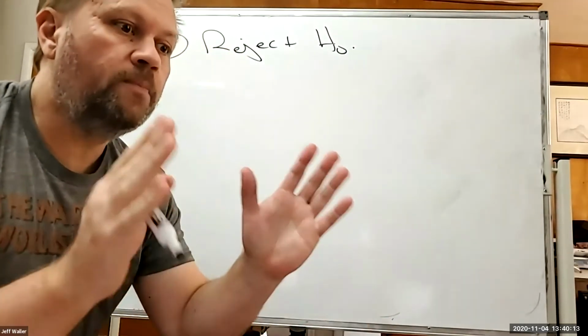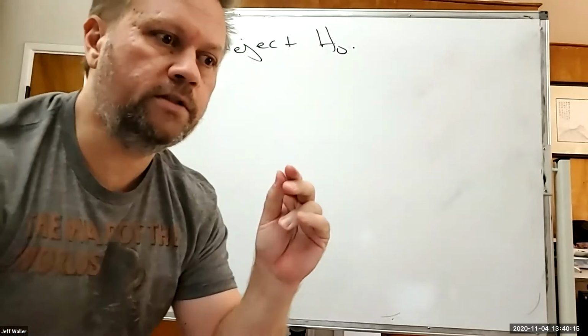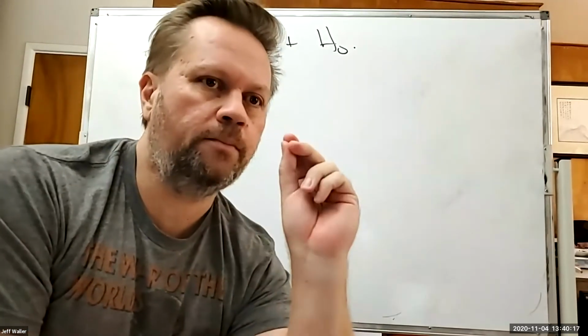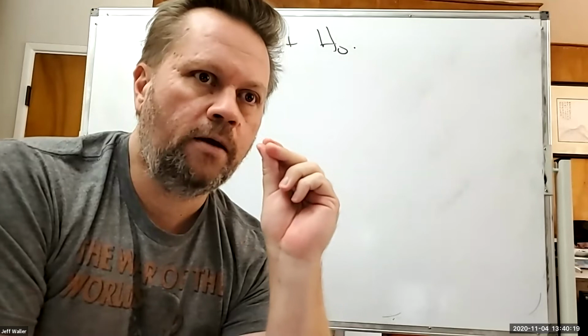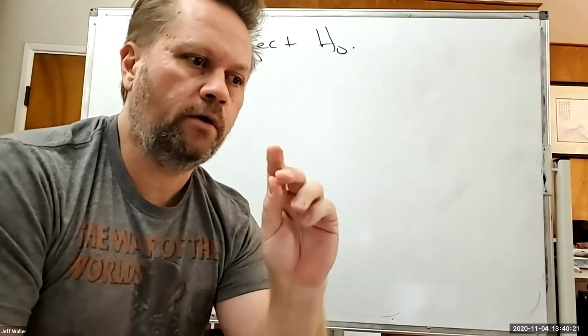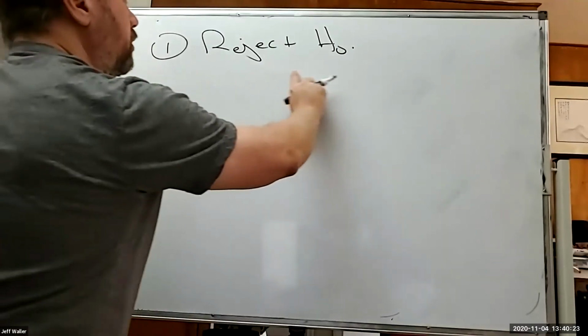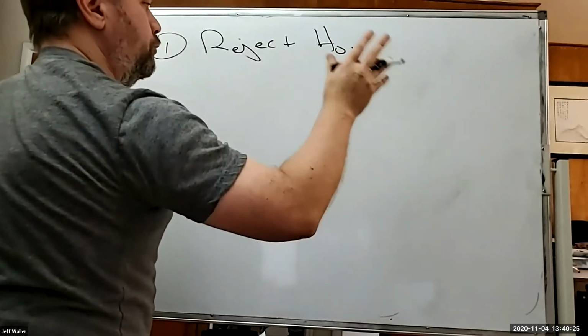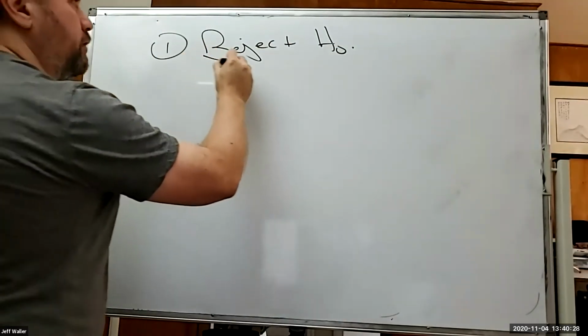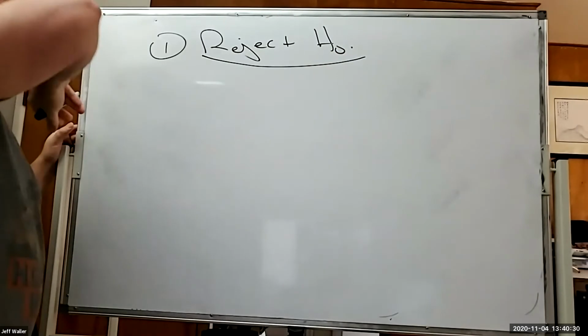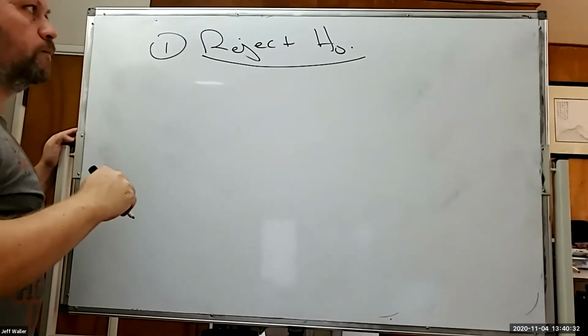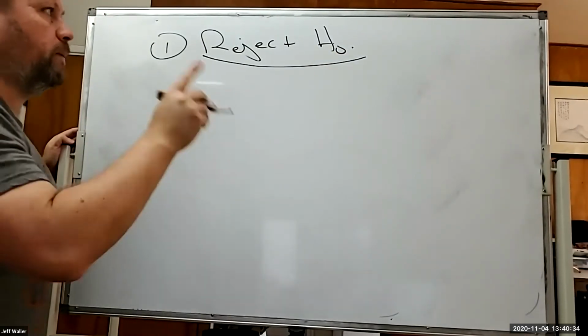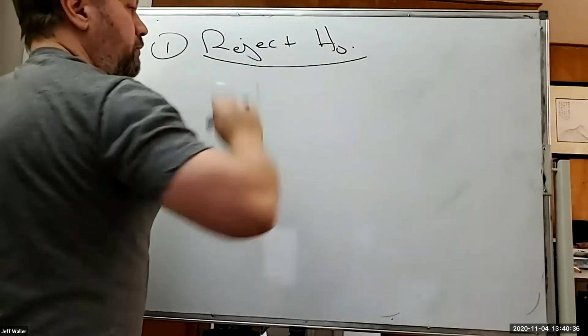So I could have made a mistake, right? I could do the whole thing perfectly right, but I could do something wrong. When would this be a wrong conclusion? What would actually be true to make this a wrong conclusion? When would it be bad to reject the null?